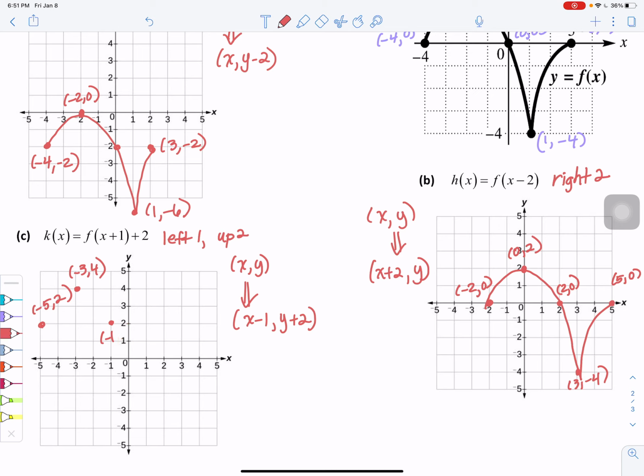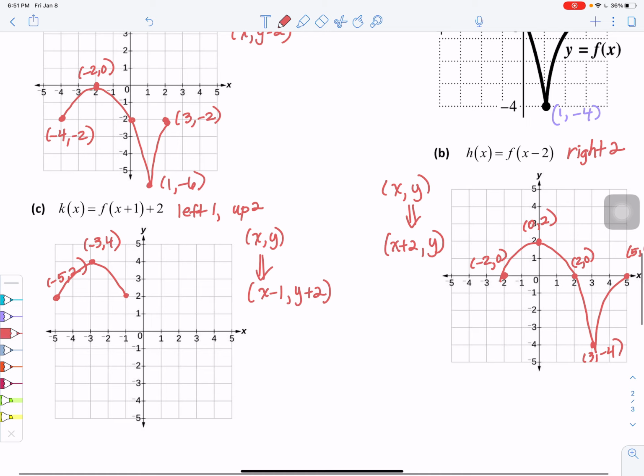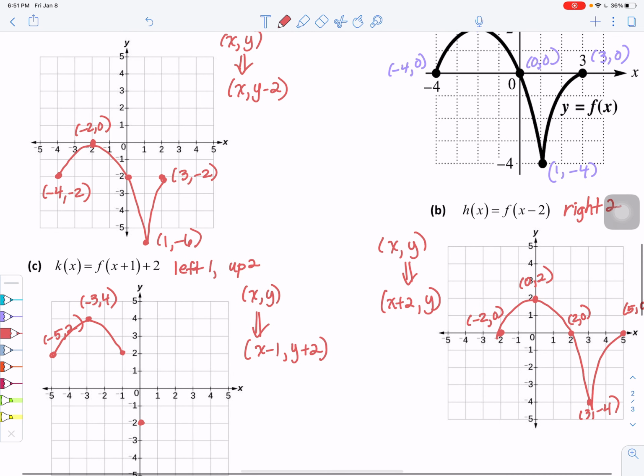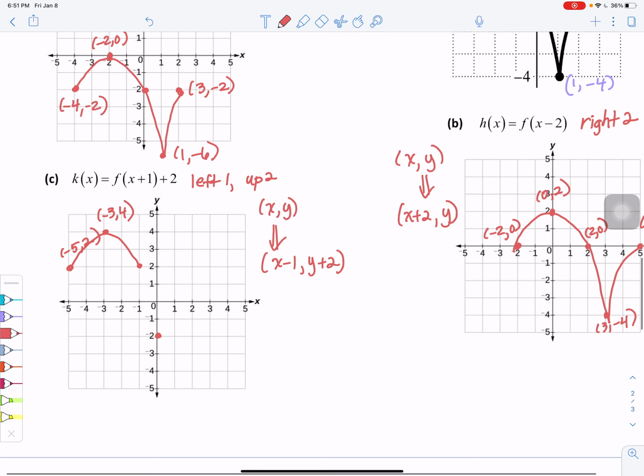Maybe write that coordinate later. And then we have 1, negative 4 is 0, negative 2. Yeah, 0, negative 2.